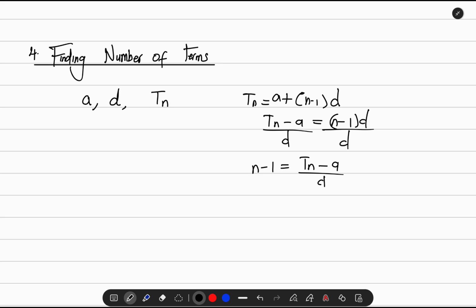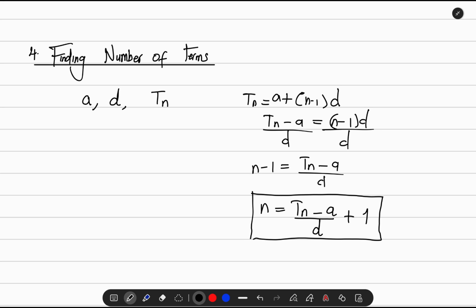So n is Tn minus a over d, plus 1. This is the formula if you want to find the number of terms.